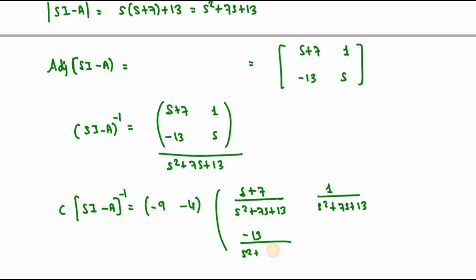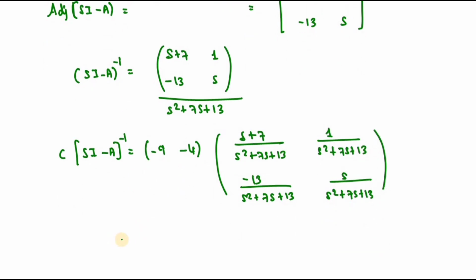Okay. So if you multiply, you will get minus 9 into s plus 7 divided by s square plus 7s plus 13, plus 13 into 4. Next, if I multiply with this one, minus 9 divided by s square plus 7s plus 13 minus 4s.